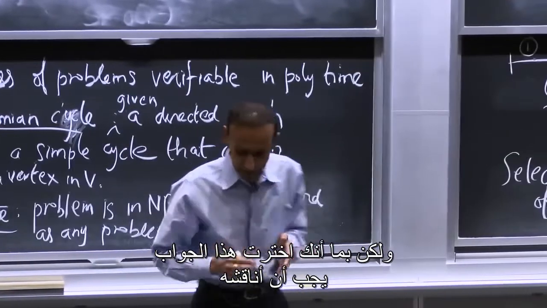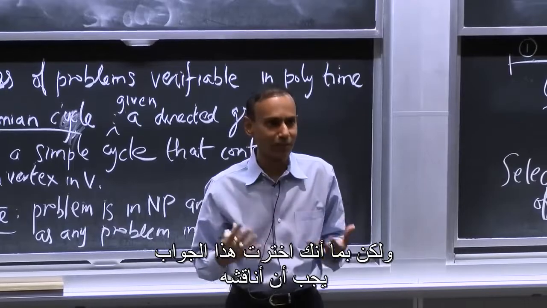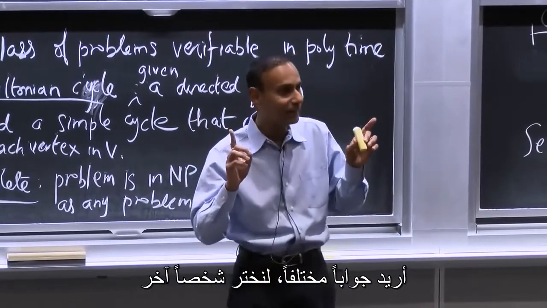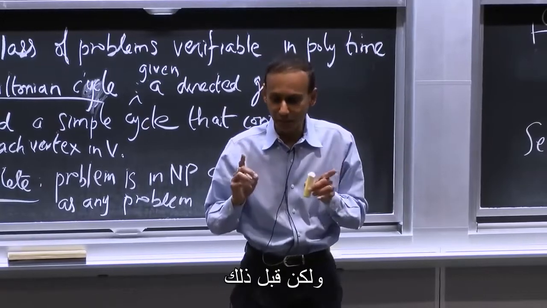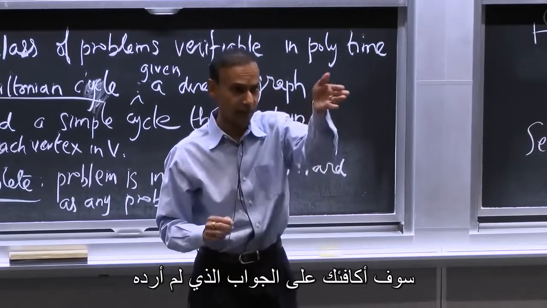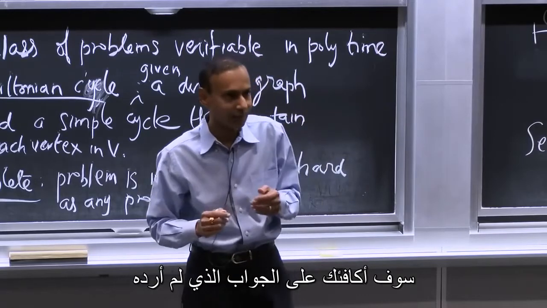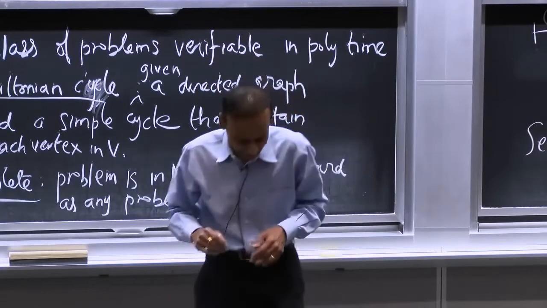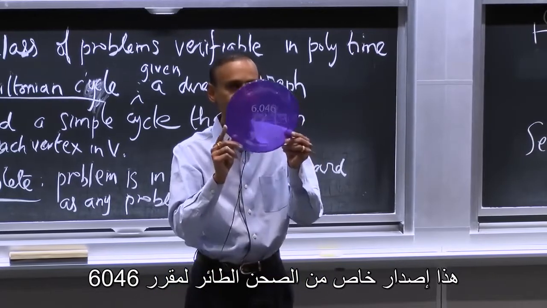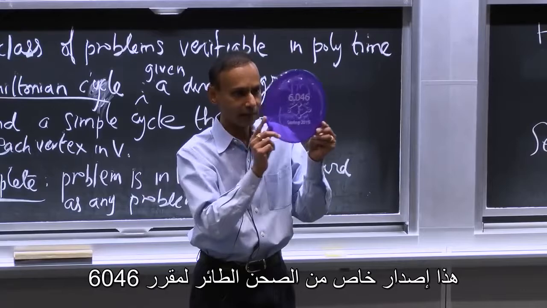But now that you've given me the answer, I have to do something about this, right? So I want a different answer, but we'll go to a different person. But before I do that, let me reward you for that answer I did not want with a limited edition 6.046 Frisbee.